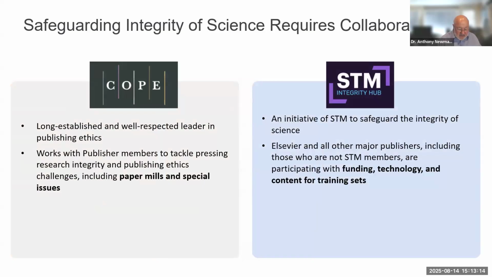For years there's been COPE, as I mentioned earlier, the Committee on Publication Ethics, and that is funded by all the publishing houses. All the publishing houses pay a certain amount of money to this central group, and then they do all the various things around it.